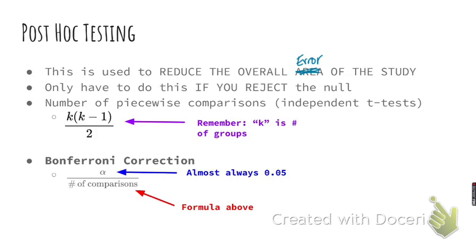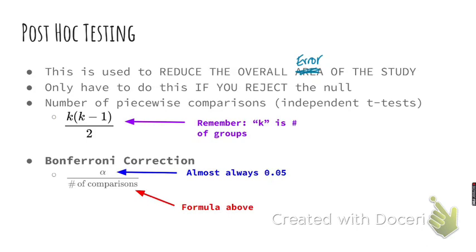And we only have to do post hoc testing if we reject the null. For the lesson check and stuff, if you fail to reject, this is irrelevant, okay? We only do this if you are rejecting the null hypothesis.